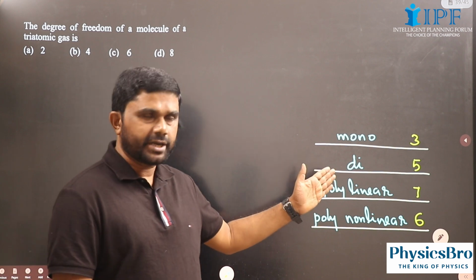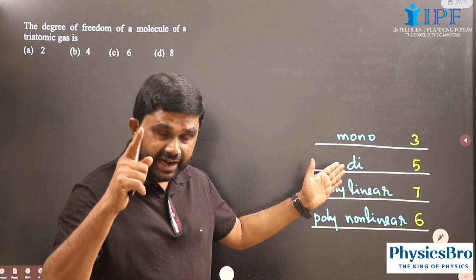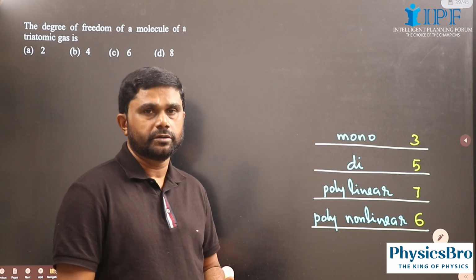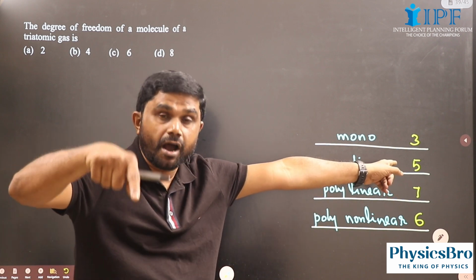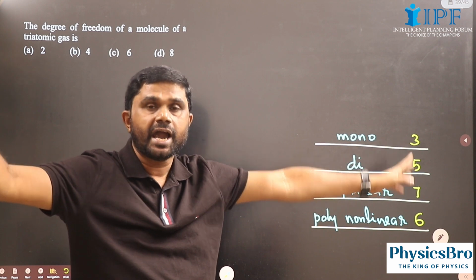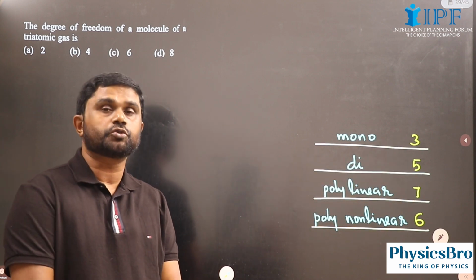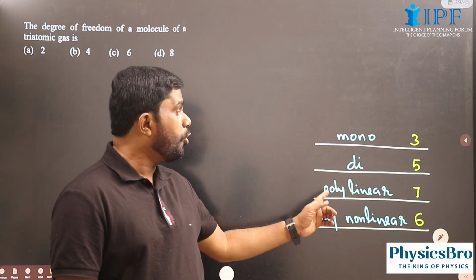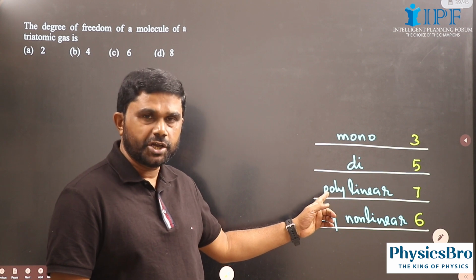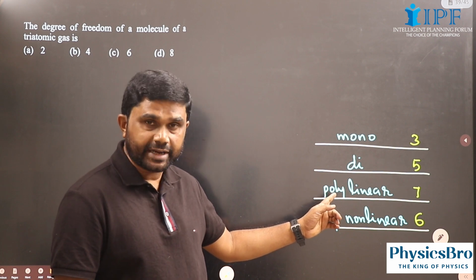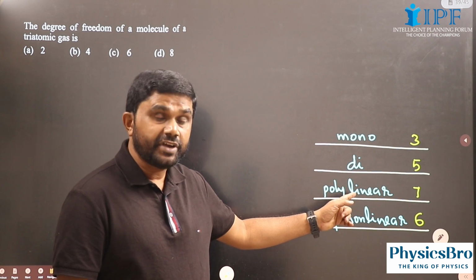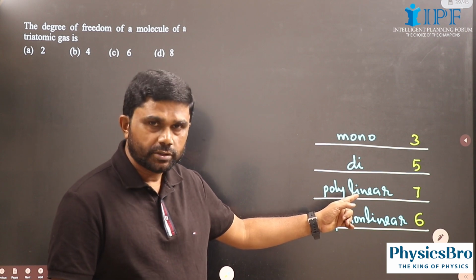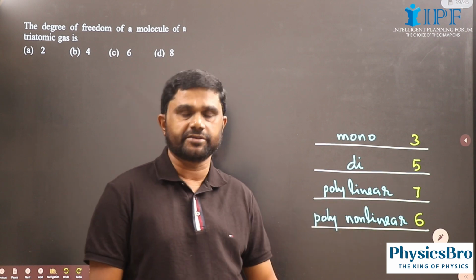For diatomic, if we neglect the vibrational mode, the total number of degrees of freedom will be 5, of which 3 are due to translational motion and the remaining 2 due to rotation. For polyatomic, if the molecule contains more than 2 atoms and if the structure is linear and if we neglect the vibrational mode, then the number of degrees of freedom will be 7.